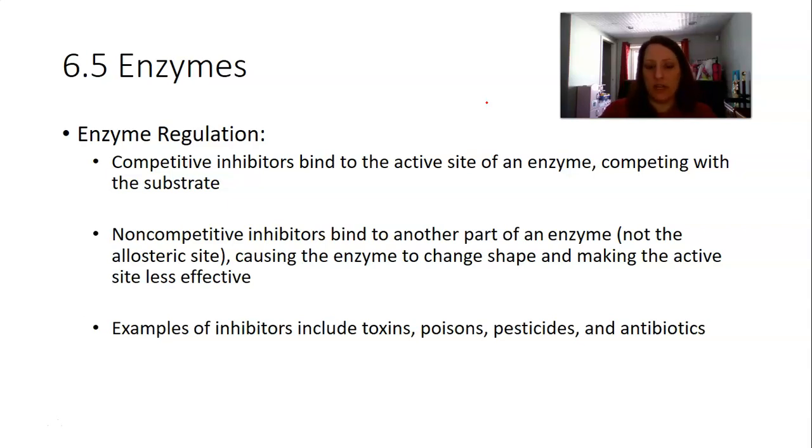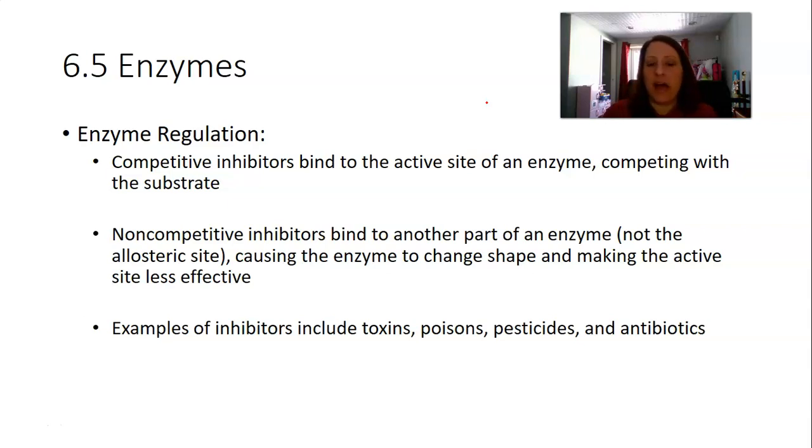A competitive inhibitor would be a molecule that binds to the active site of the enzyme, blocking substrate binding. So we say that this type of regulator competes with the substrate molecule for the active site, and that's why it's called a competitive inhibitor. If it's bound, then the substrate cannot bind.